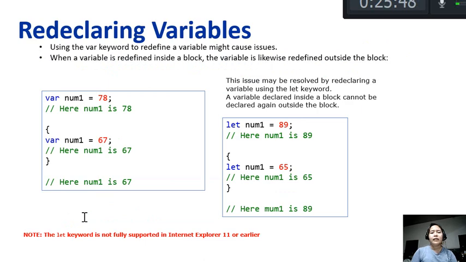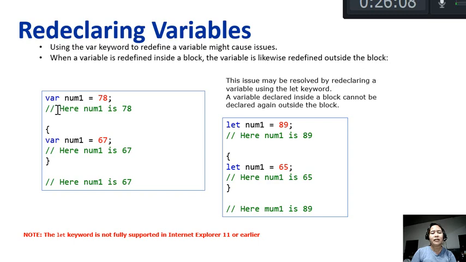Now, in redeclaring variables, I have also discussed this already. Using the var keyword to redefine a variable might cause issues. When a variable is redefined inside a block, the variable is likewise redefined outside the block. So in this case, for instance, you have num1 is equal to 78.